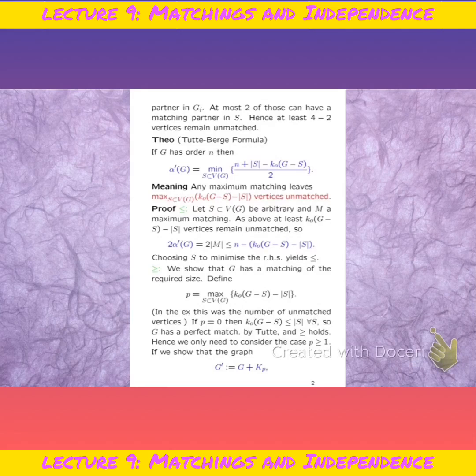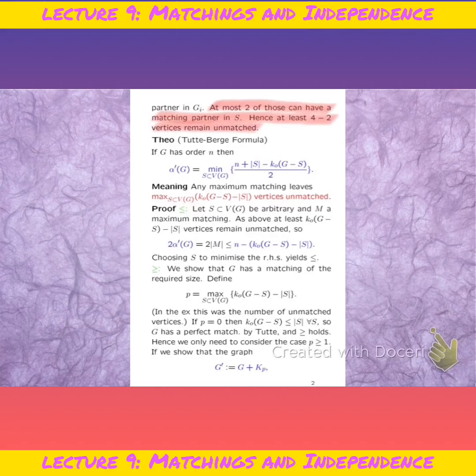But I've only got 2 at my disposal, and I've got 4 unmatched vertices. So of the 4 unmatched vertices, I can only match 2 of them to the set S, because the set S has cardinality 2. Therefore, I'm left with 2 unmatched vertices.